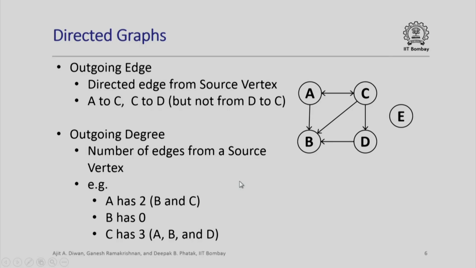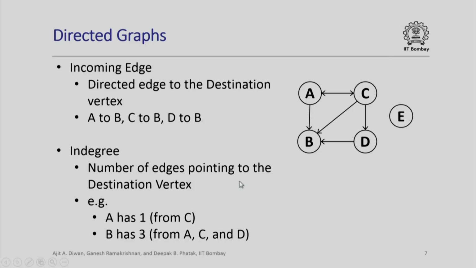As I mentioned, a similar concept exists for incoming edges and in degree. An incoming edge is nothing but a directed edge to a destination vertex. For example, if you look at B, there is an edge from A to B, an edge from C to B, and an edge from D to B. So, B is the destination vertex, and we correspondingly define a notion of in degree.